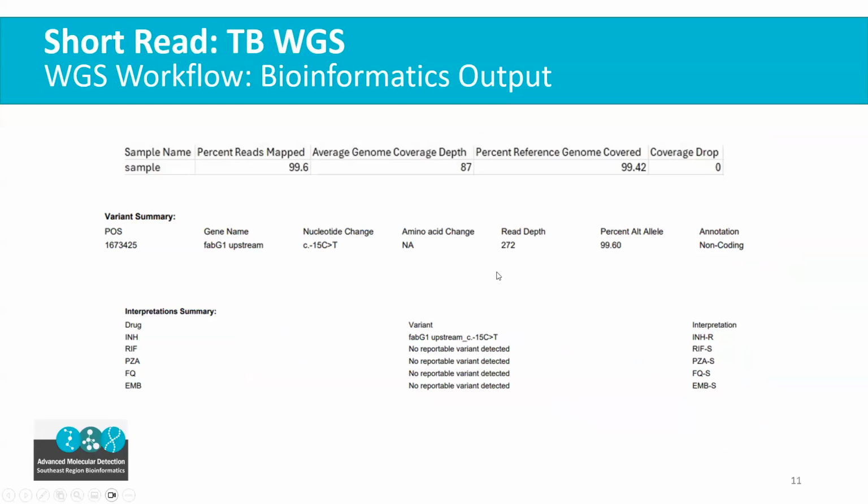So we can gather information including the depth, the reference genome coverage, and the detected mutation loci. In this case, after detecting one gene locus, it determined that this sample is resistant to isoniazid.